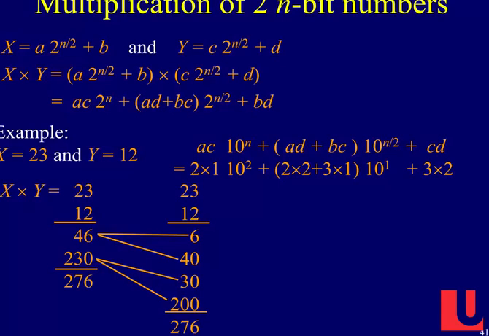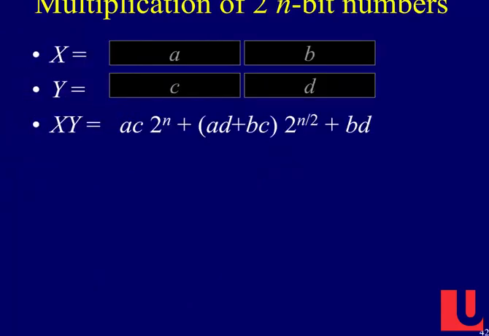And at some point, you have to do 3 times 1, which is 3, and you shift it once. And the 2 times 2 is 4, which is shifted once. And the 1 times 2 is 2, which you shift twice. Does that make sense? Everybody see that?